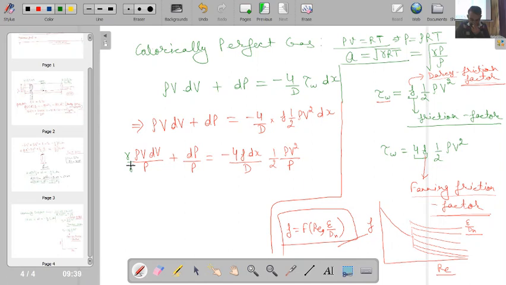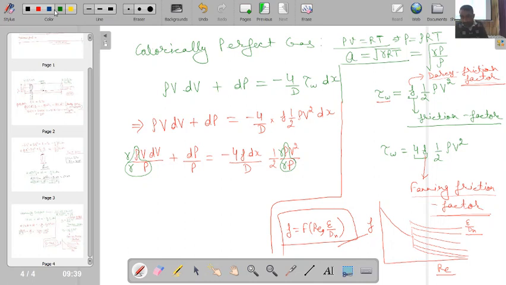Okay, so I have multiplied and divided gamma by gamma, and the same thing I will do with the last term on the right hand side. Here also I am doing gamma by gamma. So this gamma P by rho has become nothing but my a square.